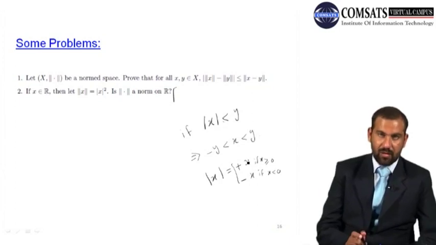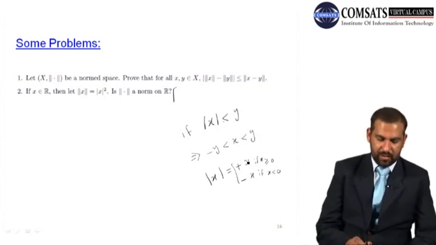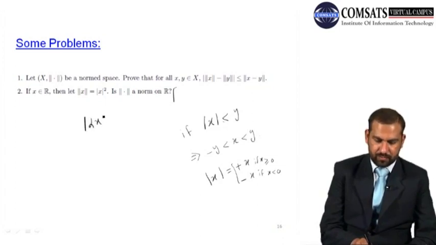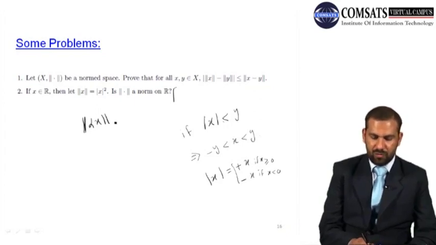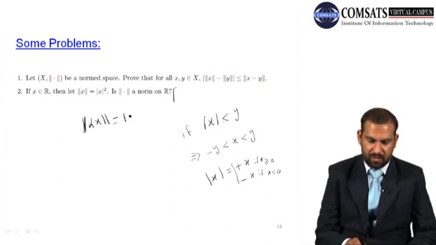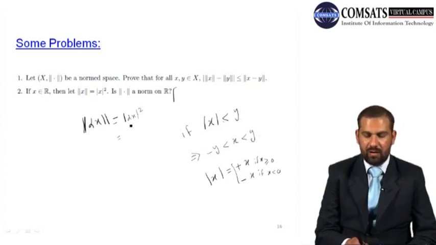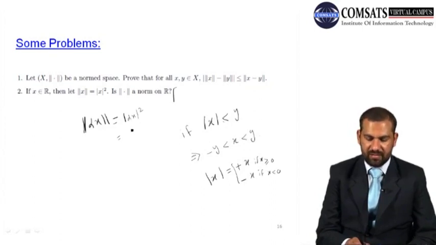For this, I will help you: note that if we have the norm of alpha x, consider this one. According to this rule, it is the mod of alpha x squared, and we know that this is the same as the mod of alpha squared times the mod of x squared.